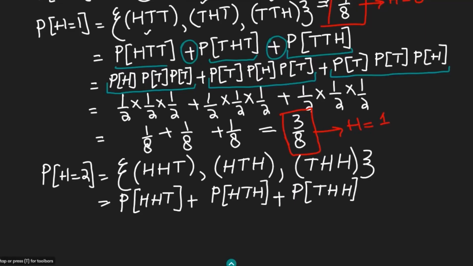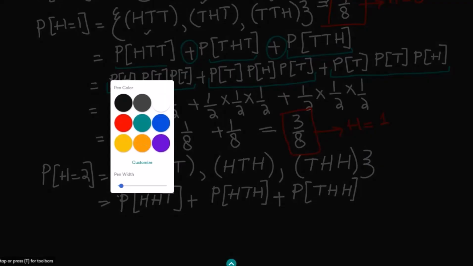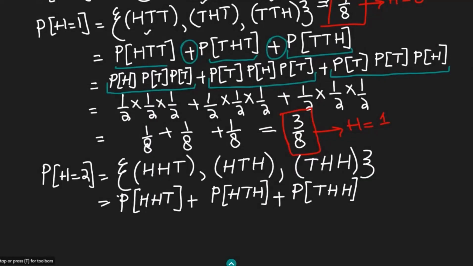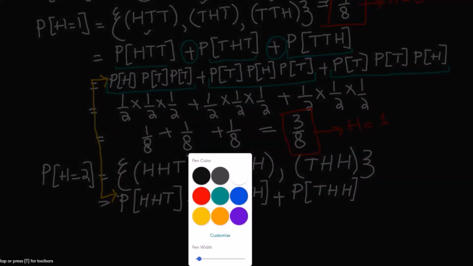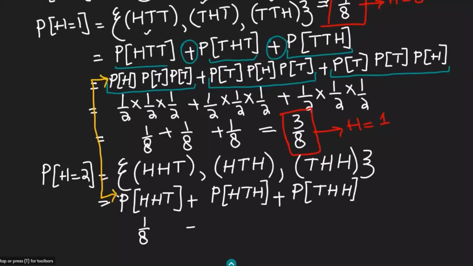At the end, by using the same probabilities as we have done here, I get 1 by 8 plus 1 by 8 plus 1 by 8.